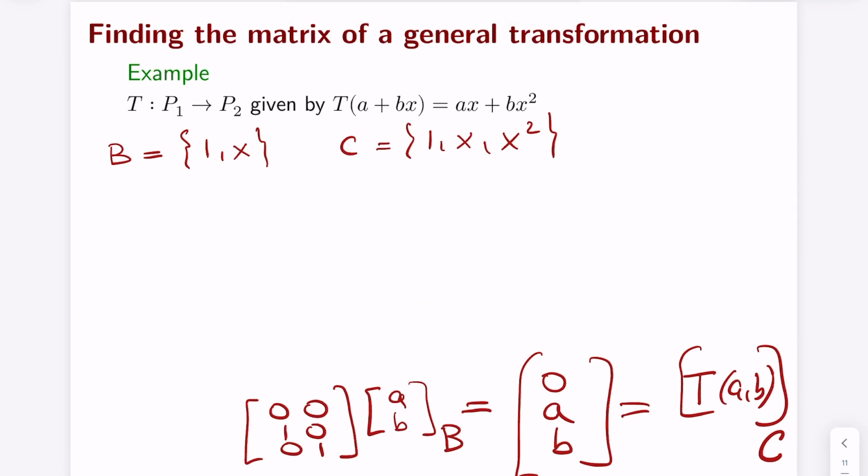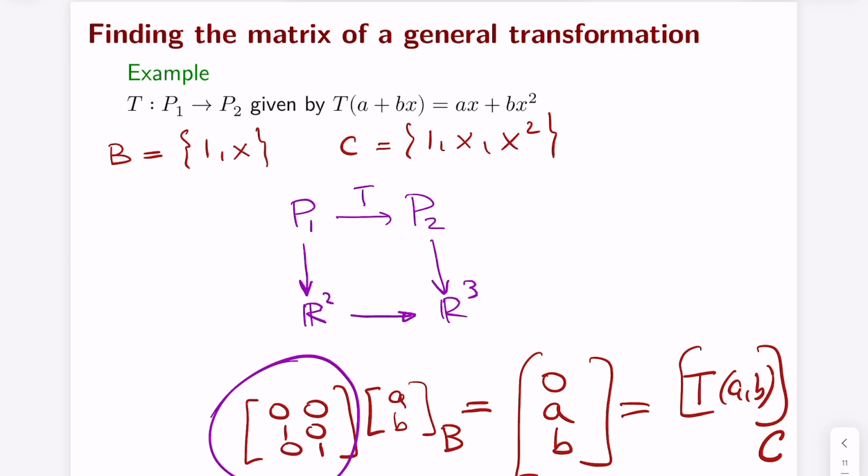In this case, we have the vector space V, that is P1, and the vector space W, that is P2. Here we have the actual transformation, and here the isomorphism to R2, and here the isomorphism to R3. And from here to here, we are going to have actually this matrix.